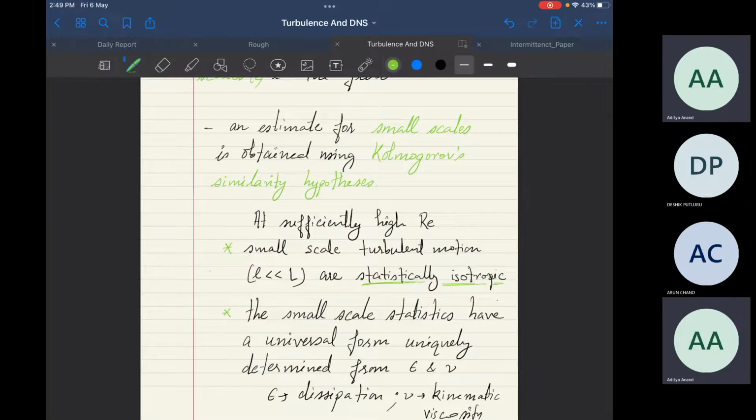Now, this turbulent kinetic energy is being produced somehow. The theory says that it is produced at large scales, and then it goes from large scales to smaller ones, where it is dissipated through viscous action. So there is production at large scales.